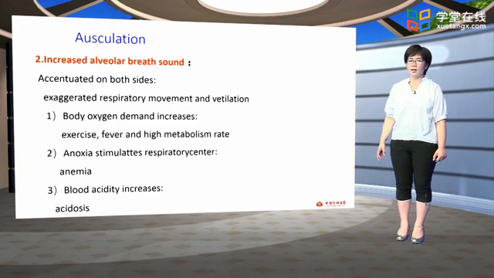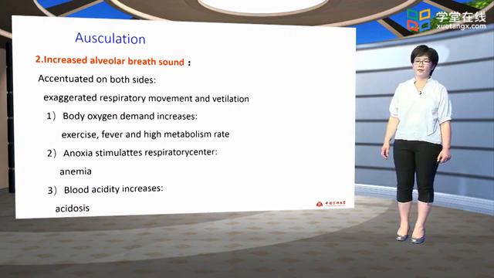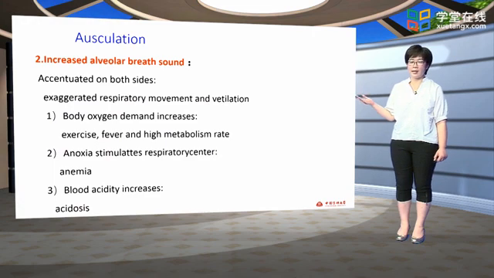The second one is anoxia stimulating the respiratory centers. If the patient has anemia, they have a low amount of hemoglobin, so they need more oxygen, and the sound is also increased. The third one is increased blood acidity, like the patient has acidosis, as in the Kussmaul respiration we learned.